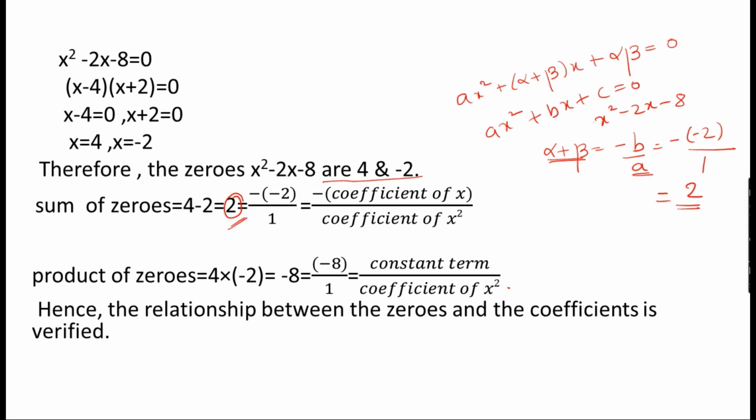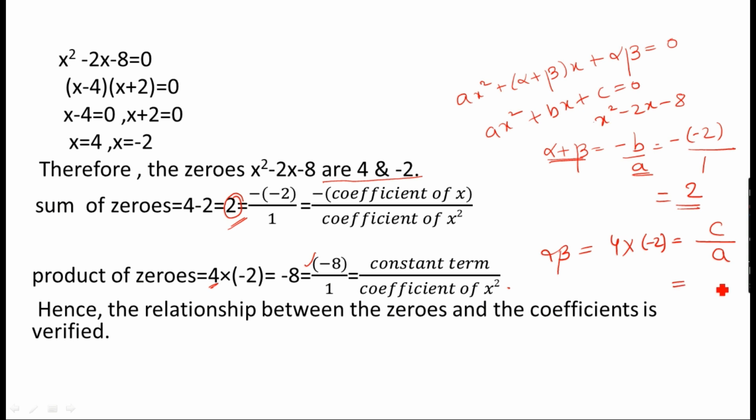Now the product of zeros is nothing but alpha beta. The value of alpha is 4 and the value of beta is minus 2, which is equal to c by a, the constant term c upon a, the coefficient of x square.